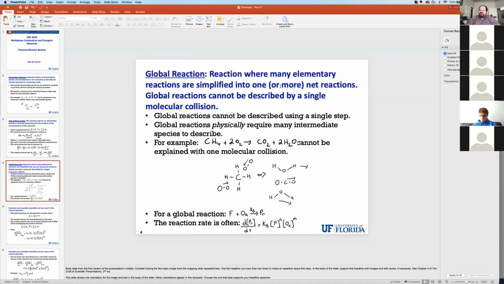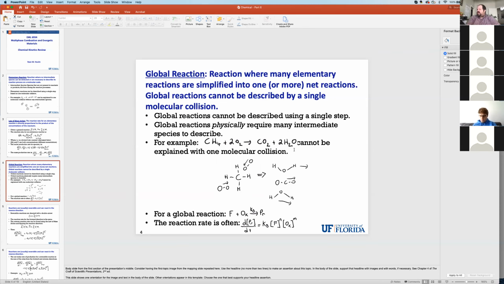Global reactions most of the time cannot be described by a single molecular collision. They normally cannot be described using a single step, and global reactions physically require many intermediate species to describe them. For example, say we had a global reaction of methane plus 2O2 goes to CO2 plus 2H2O.